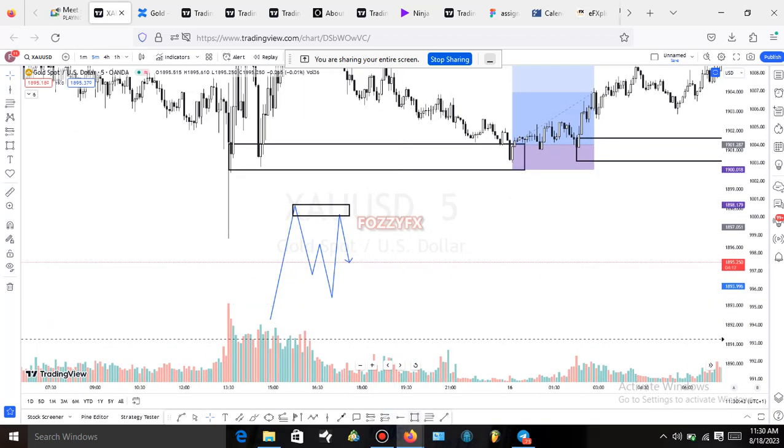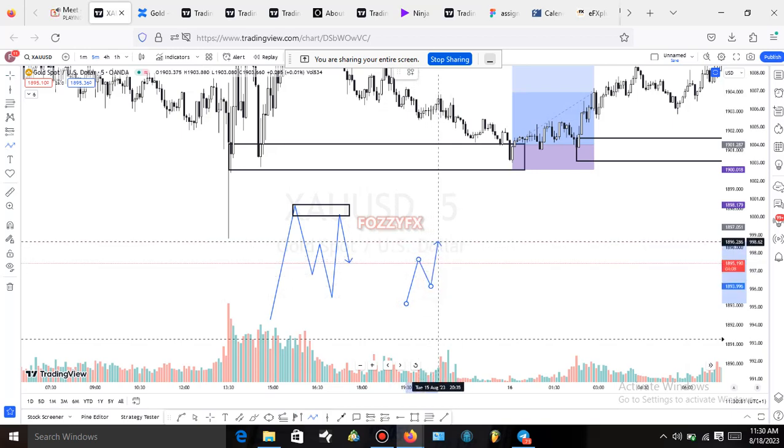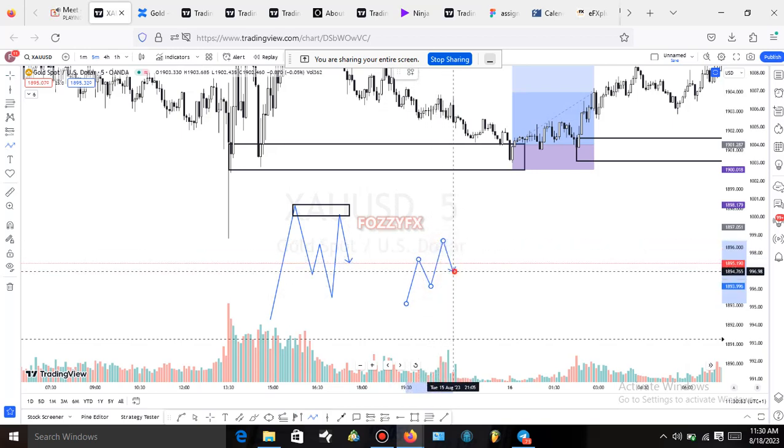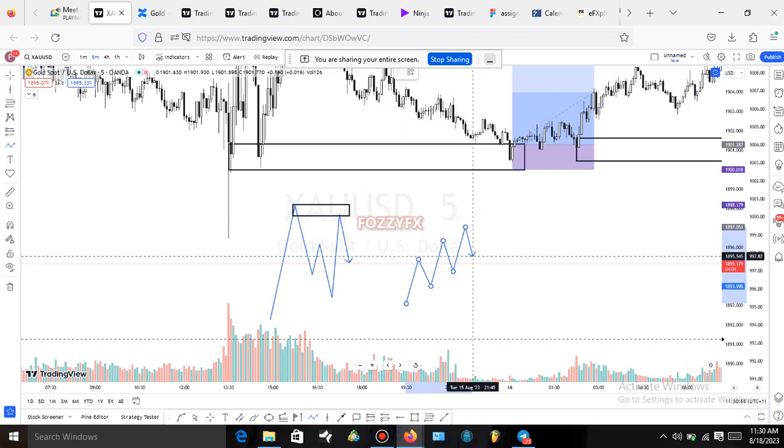Now, if you are trading, let me just draw a trend for you. Let's say this is an uptrend. Whether uptrend or downtrend, it's the same application. Price is moving in an uptrend, with different candle formations.